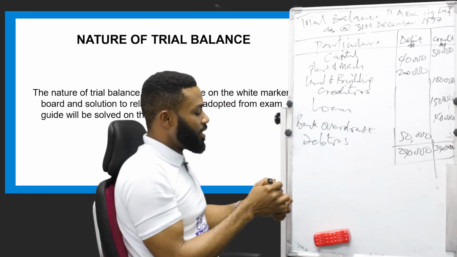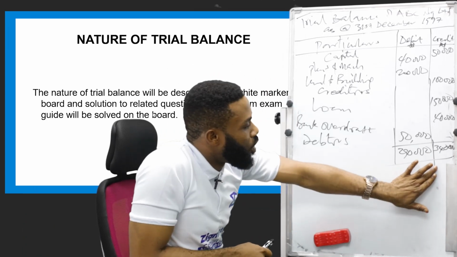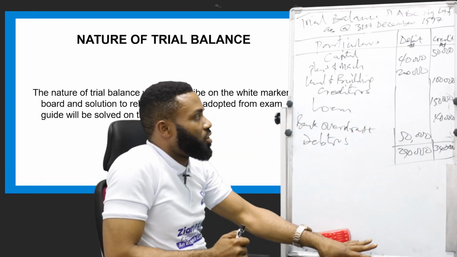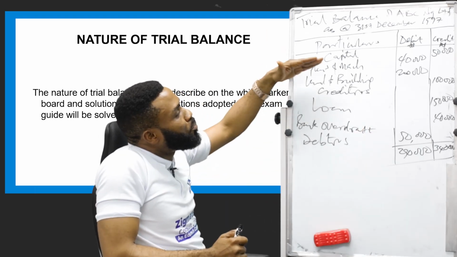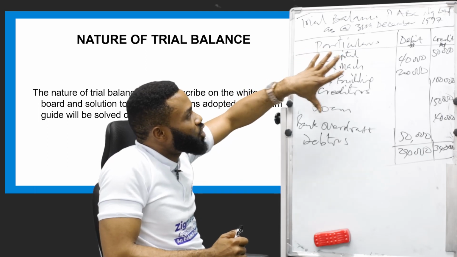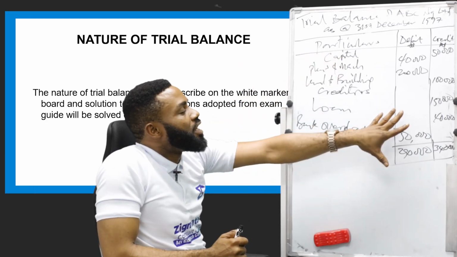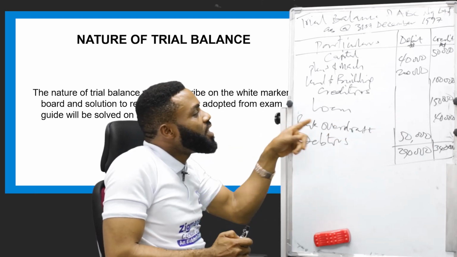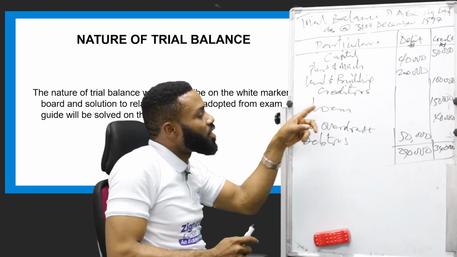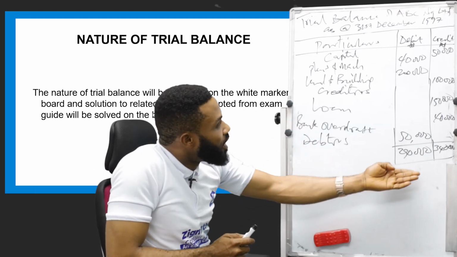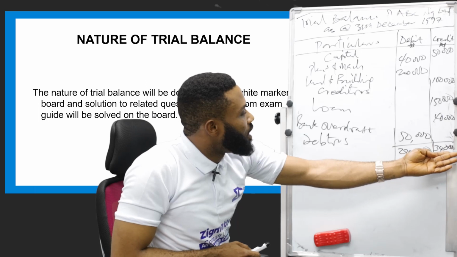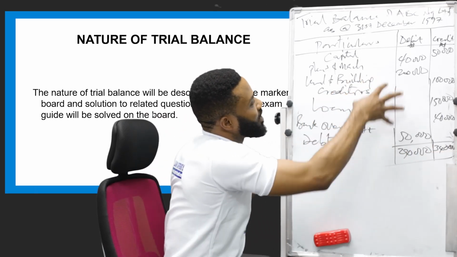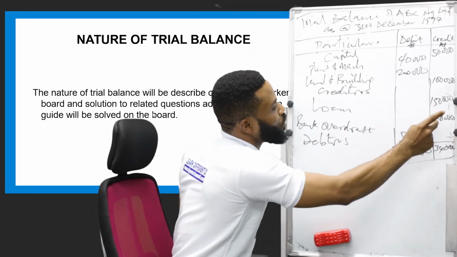Now, this is an imbalanced what? Trial balance. At this point, it is very obvious that either at the point of extracting this transaction from the ledger, the figures were misposted, or during the time of preparing the ledger, mistakes were made. Because you see now that the debit side is not equal to what? The credit side. By right, when you extract the trial balance, this side is expected to be equal to what?